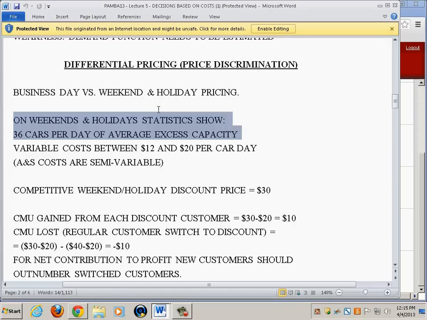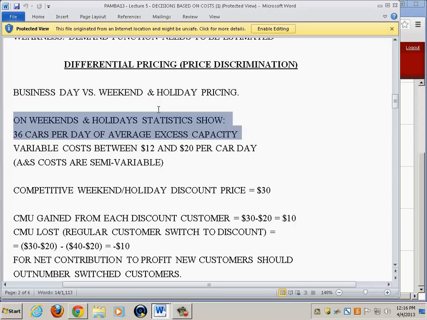One thing is clear, you will always incur $12 variable costs, because they're purely variable costs. The purely variable costs are $2 maintenance per car day plus 10 depreciation. You'll incur those. So under no circumstances will you discount your prices to below $12, because if you discount your prices on weekends and holidays to below $12, what will happen?